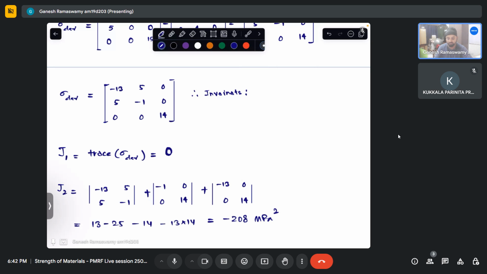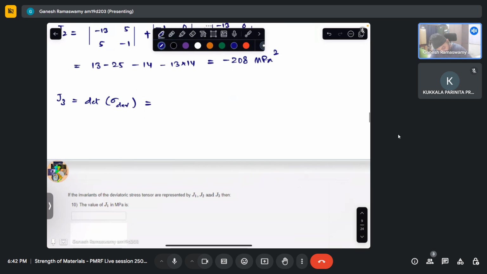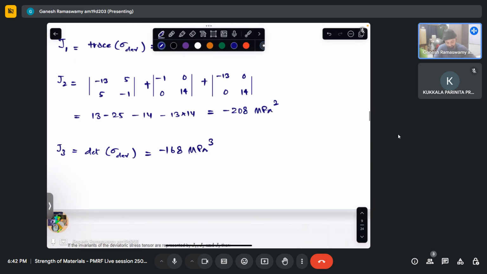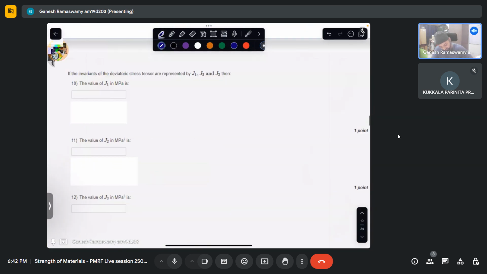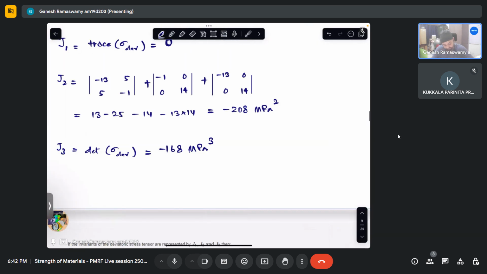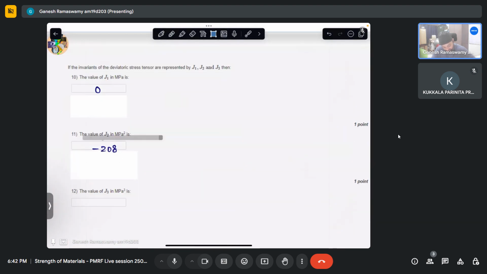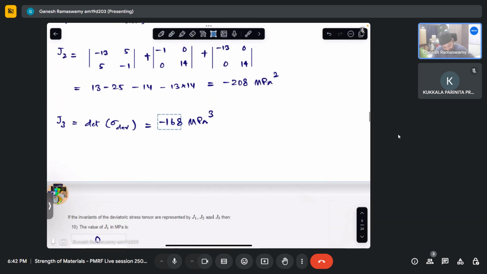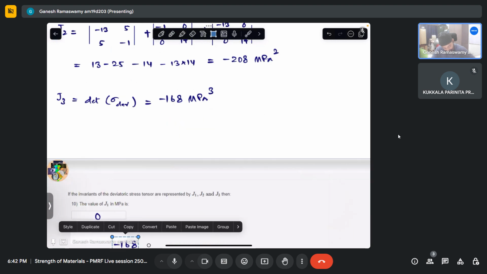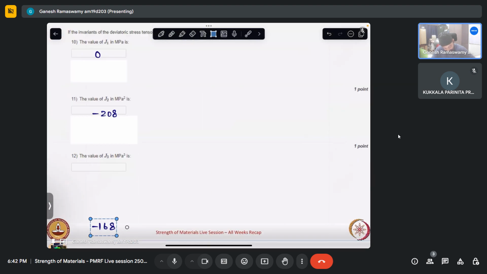So the determinant of this matrix is minus 168 MPa cubed, actually speaking, because it is the product of three stresses. So we have found out J1, J2, and J3 for this problem. Hope it is clear.